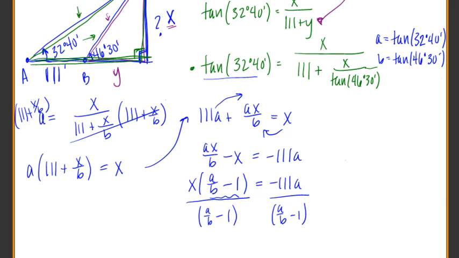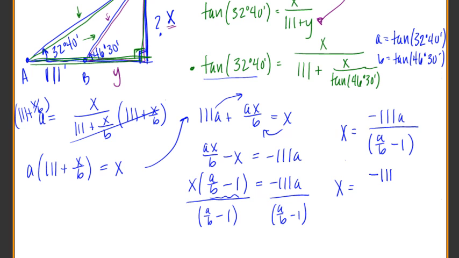Okay, so overall then what we have is x is equal to negative 111a divided by a over b minus 1. Okay, so since I got x by itself here, let's now put back in what a and b were.